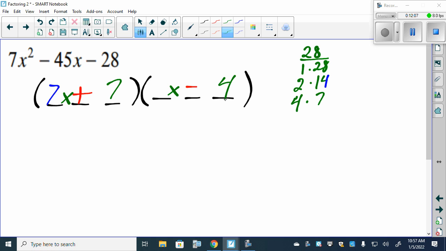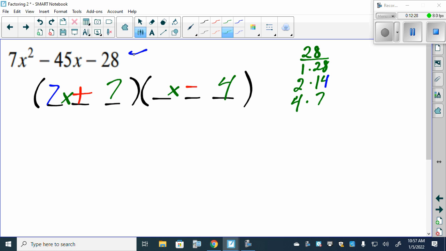Because looking at this here, does 7x plus 7 have a greatest common factor between those two terms? Yep, exactly. Since there's not a greatest common factor to begin with, we can't have one here. We can't have one in either of the parentheses if there's not one to begin with.